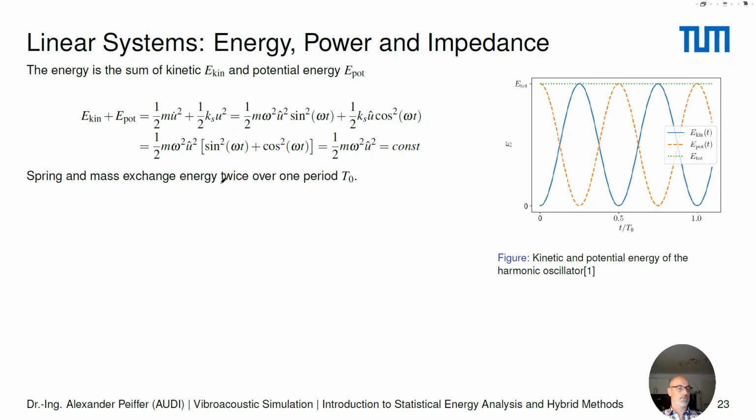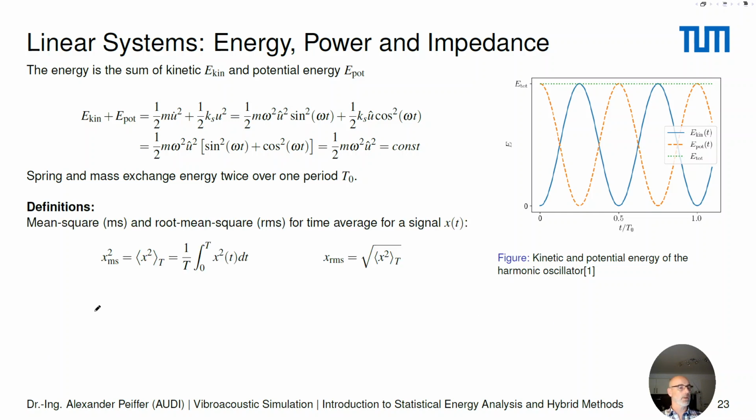Good. Just note that this exchange takes place twice over one period. And this oscillation shows that we need some kind of time averaging if we want to look at the energy or the amplitude quantities of our signal.